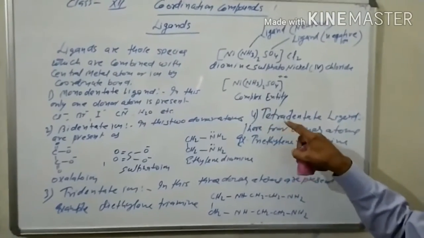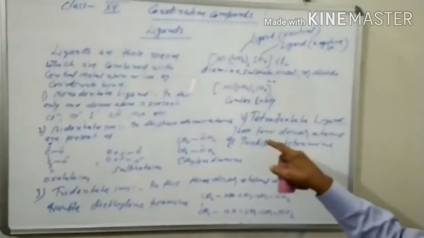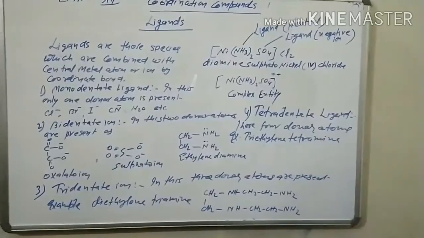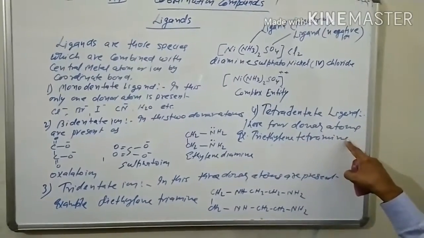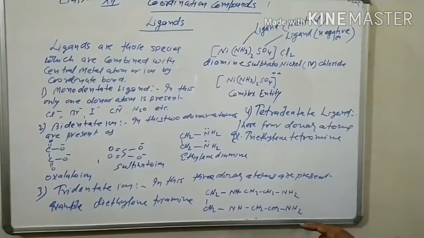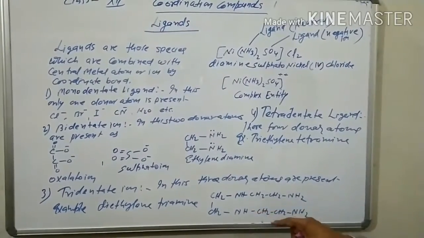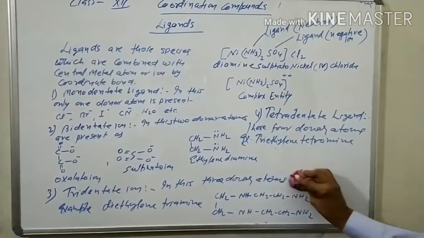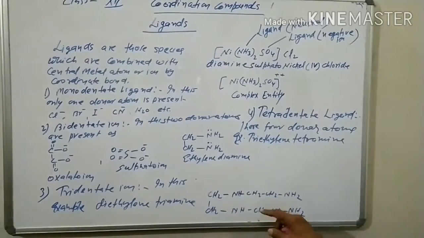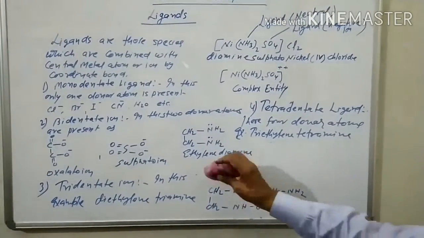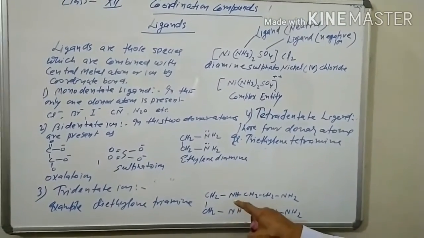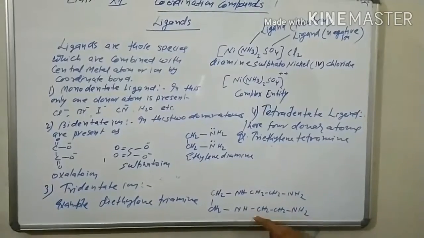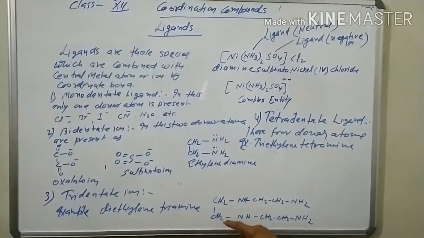The fourth point is the tetradentate ligand. There are 4 donor atoms. Example, triethylene tetraamine. In this, 4 donor atoms are nitrogen atoms 1, 2, 3, 4, and 3 ethylene groups.